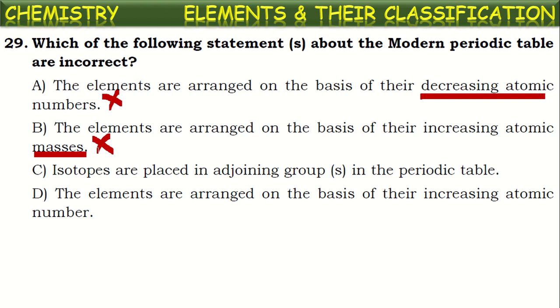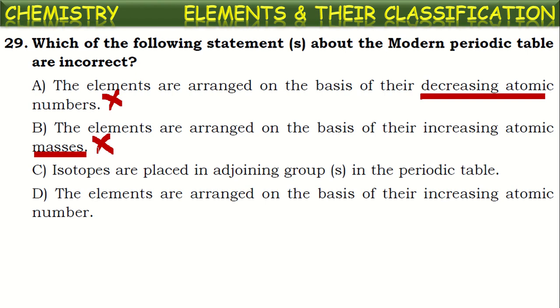Next one, isotopes are placed in adjoining groups in the periodic table. Is it true? No, because all the isotopes of an element are given the same position in the modern periodic table, but they are not given different positions.